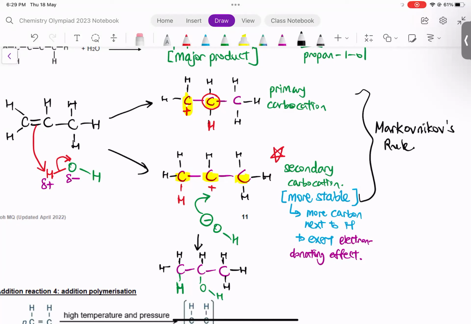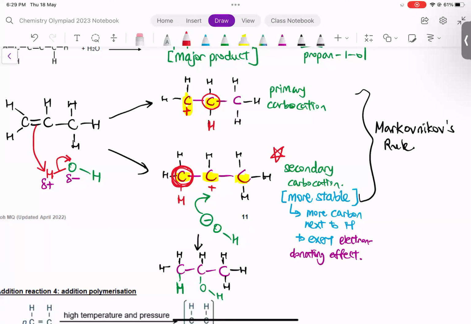In this case, you can see the hydrogen from H2O added to the carbon on the left-hand side, this carbon that I'm circling now, because this carbon originally already had two hydrogens on it. So Markovnikov's rule basically ensures that the more stable carbocation is formed.